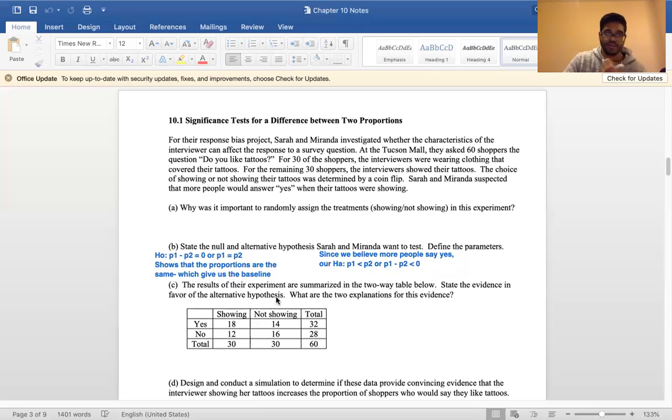So here, if we calculate some percentages, we have P hat 1 equal to 14 out of 30, just get that from the table, which is 0.467.